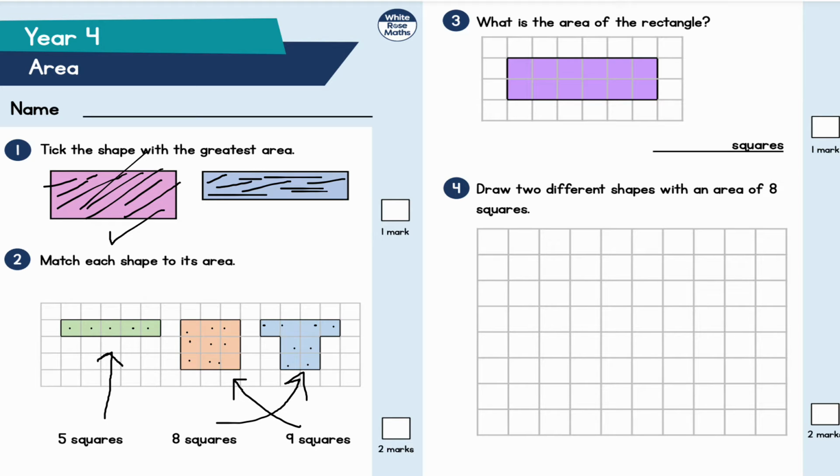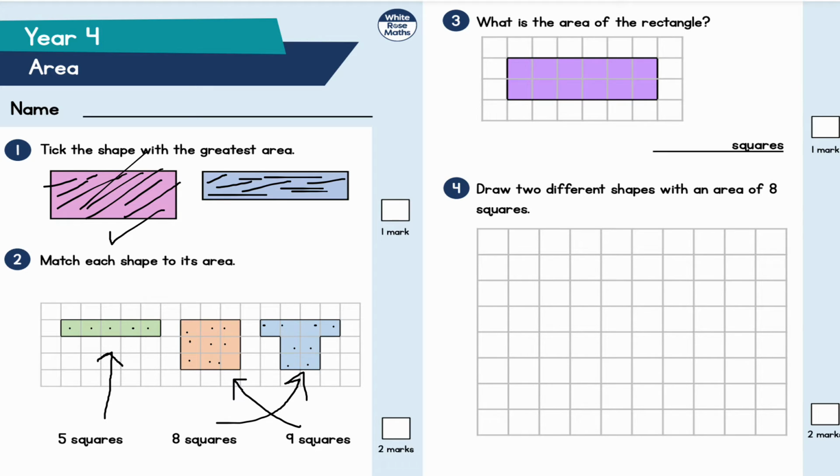This is question number 3, guys. What is the area of the rectangle? Now, there are 2 ways of doing this. For our purposes in today's video, we are going to be counting squares to work out the area of a rectangle. But you can also work out the area of a rectangle by doing the length times the width.